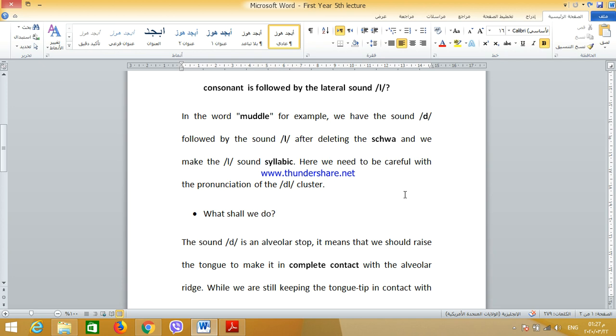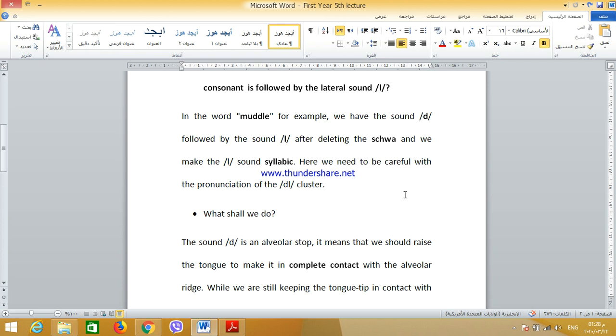And in this case, the airflow will be able to pass through the sides of the mouth. This is called lateral pronunciation. While in a normal alveolar sound, for example, t or d, the whole tongue is in contact with the roof of the mouth, and there is no space for the airflow to pass out.